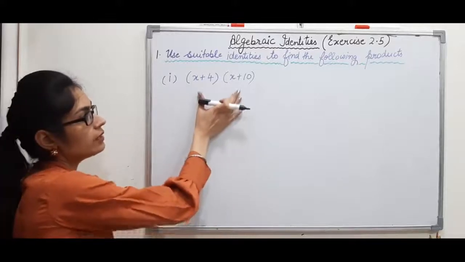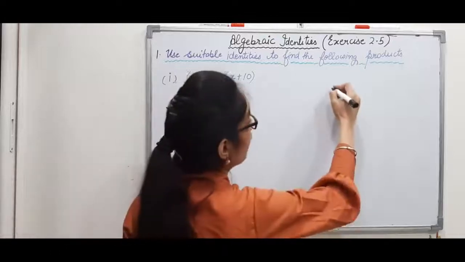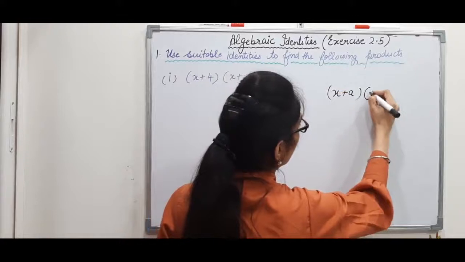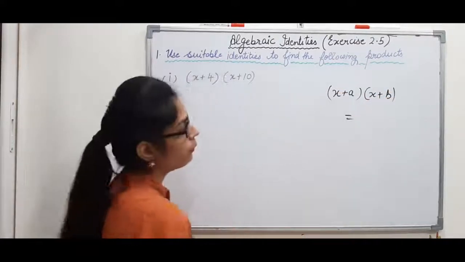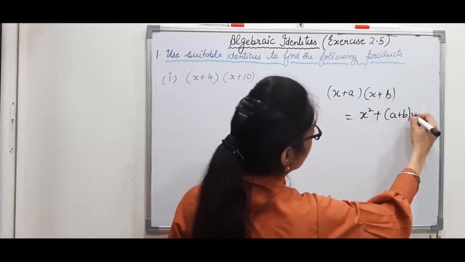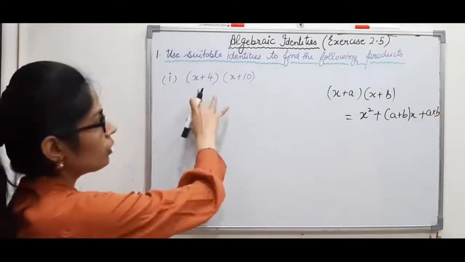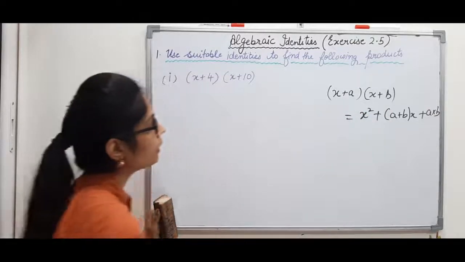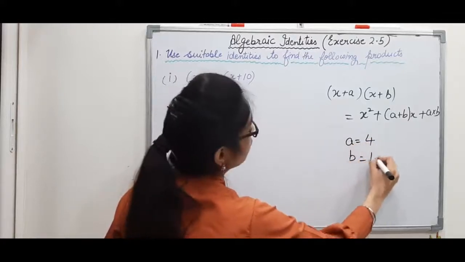If you observe the given expression carefully, you can relate it with the identity (x plus a) into (x plus b) equals x square plus (a plus b)x plus a into b. If you compare, you can see the given expression is similar, where a is equal to 4 and b is equal to 10.